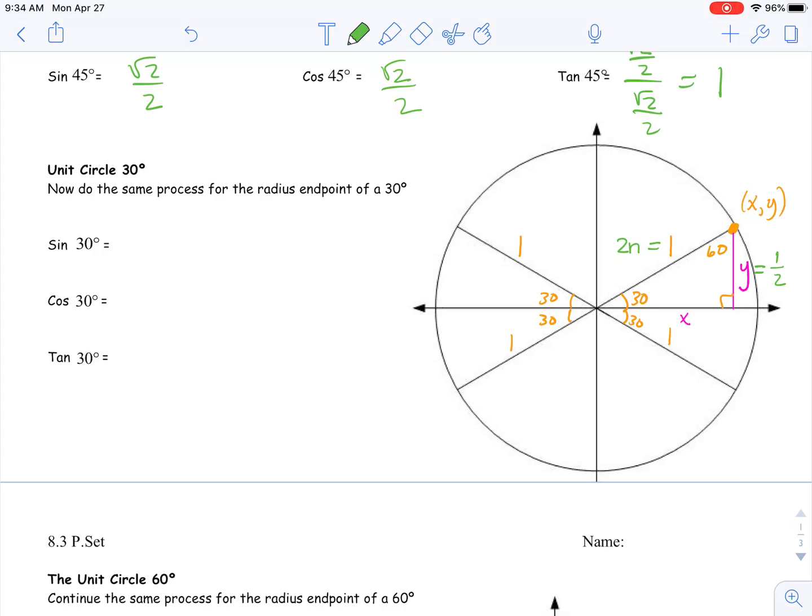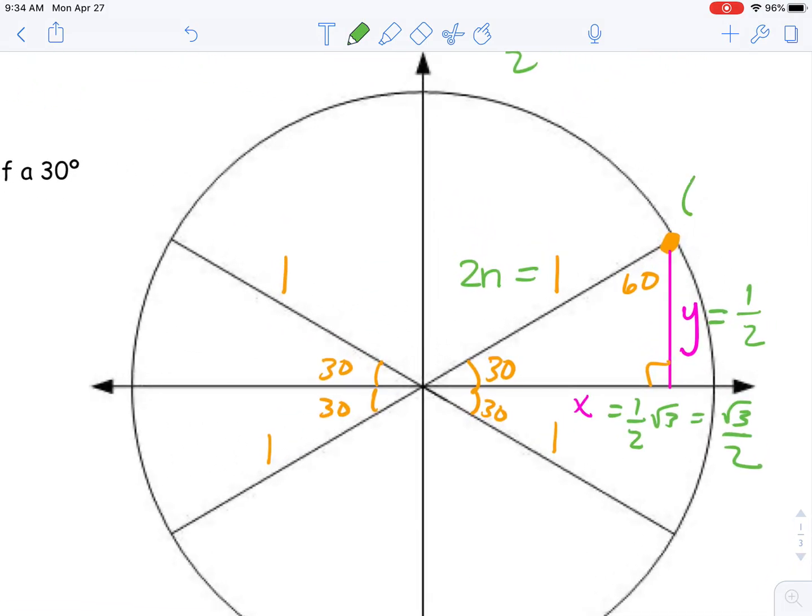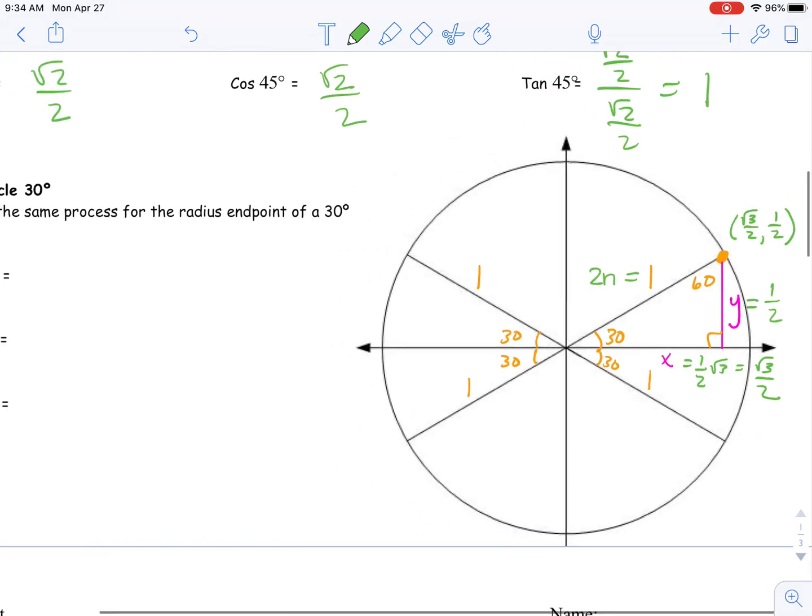Then opposite the 60 is the n side times radical 3, which is going to equal radical 3 over 2. You might remember this from yesterday's assignment when we did the intro. So I'm going to label my ordered pair x, y as radical 3 over 2, 1/2, and there's our ordered pair.